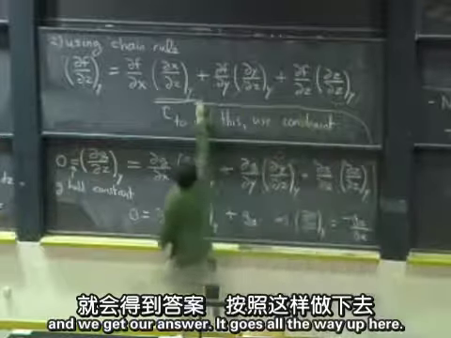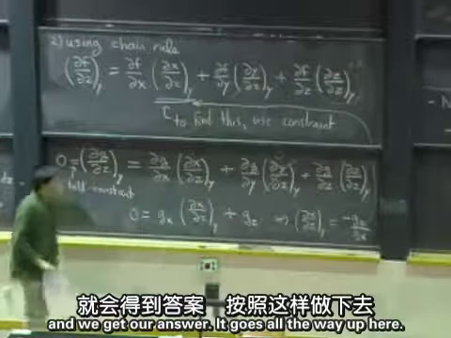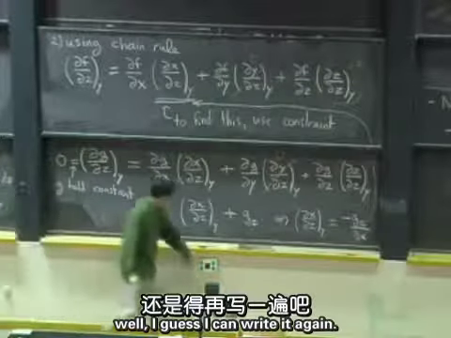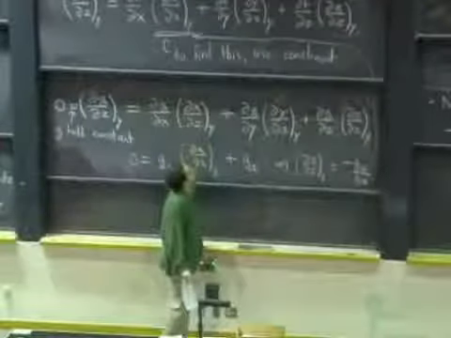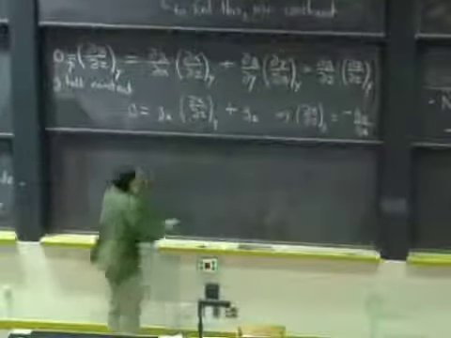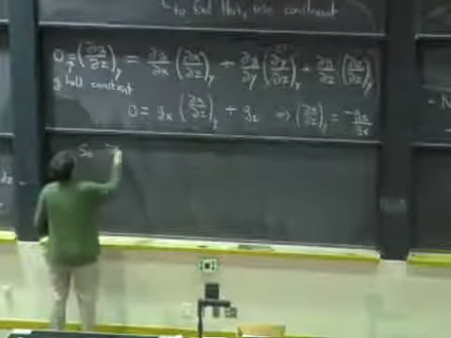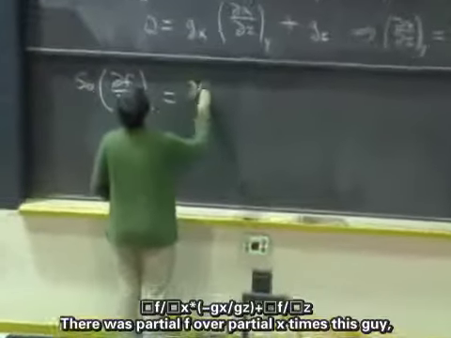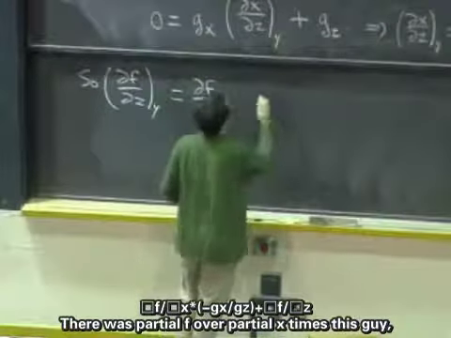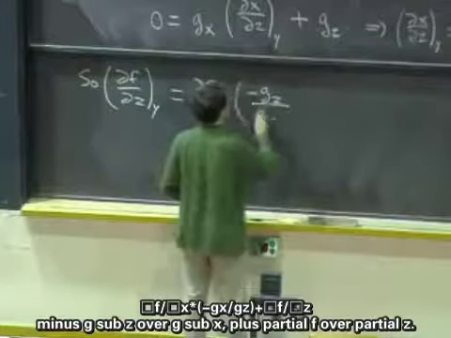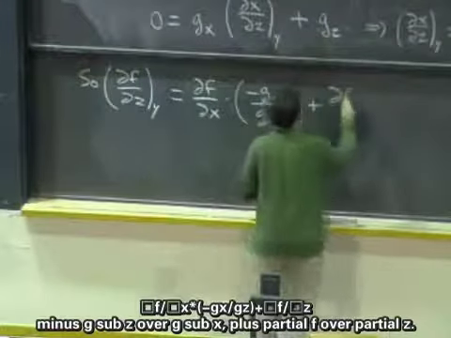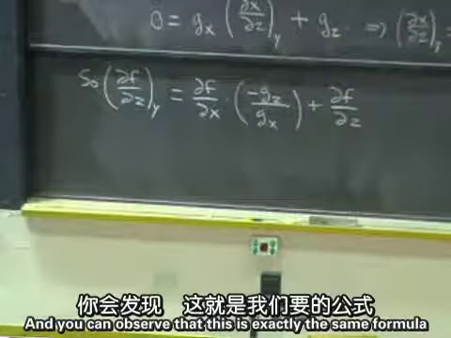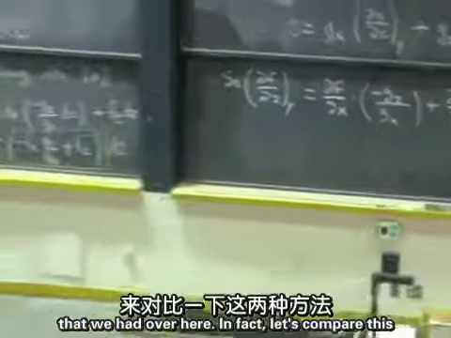Guess it goes all the way up here. Okay? And then we get the answer. I'm not going to, well, I guess I can write it again. So there was partial f, partial x times this guy, minus g sub z over g sub x, plus partial f over partial z. And you can observe that this is exactly the same formula that we had over here.